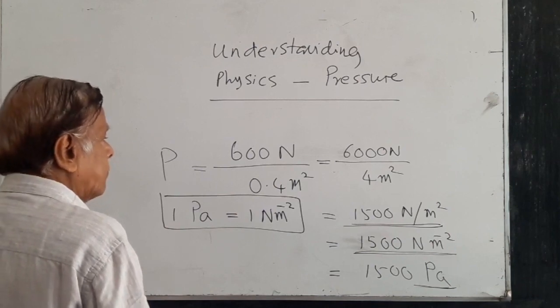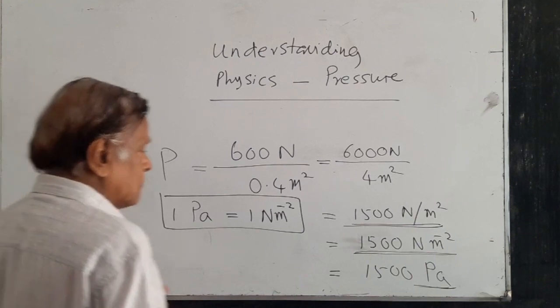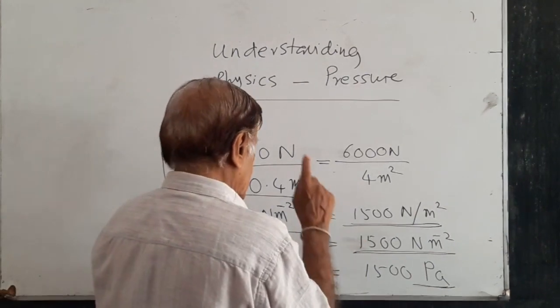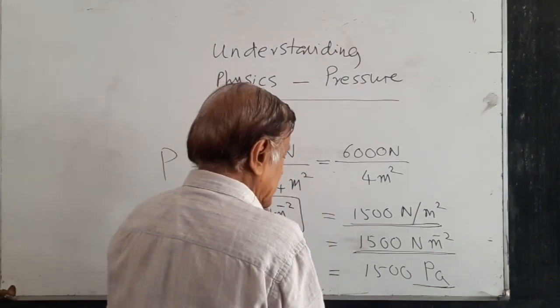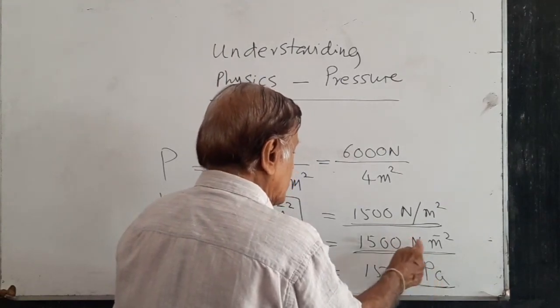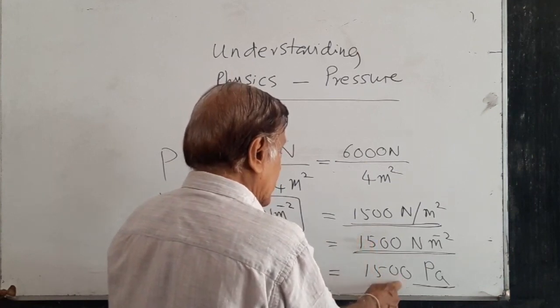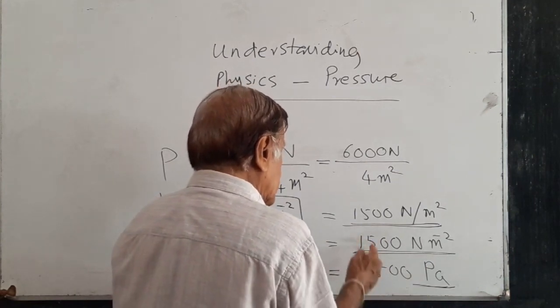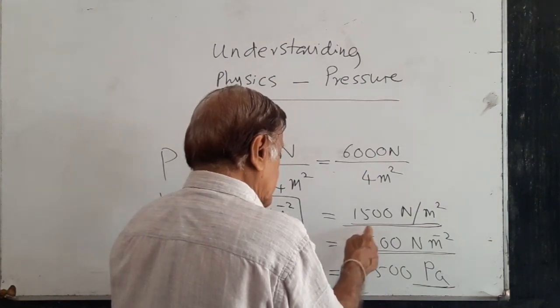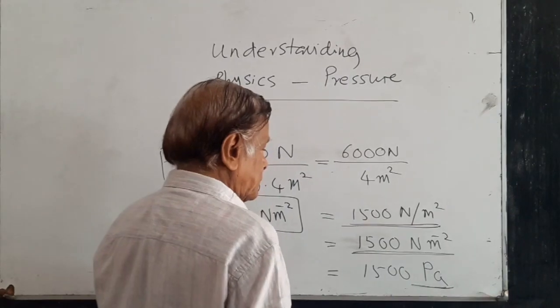Pressure is the force acted on unit area. The unit of pressure is Pascal. Pascal is equal to newtons per square meter. Now here, 1,500 pascals, that is 1,500 newtons per square meter.